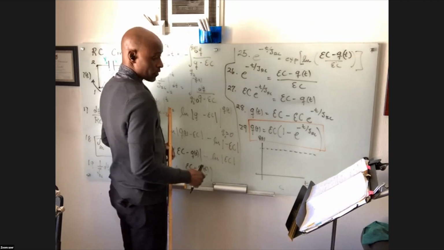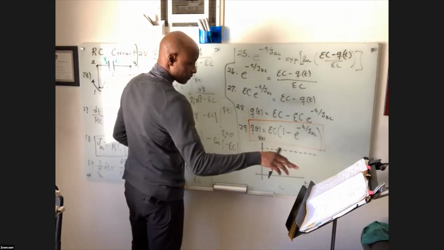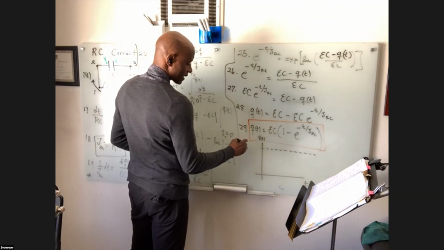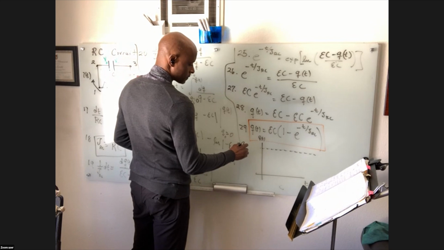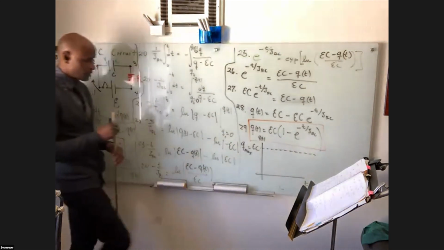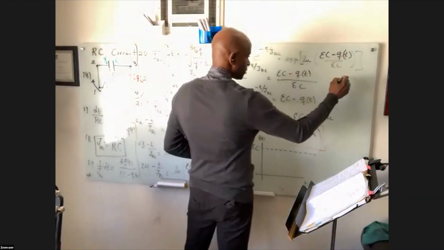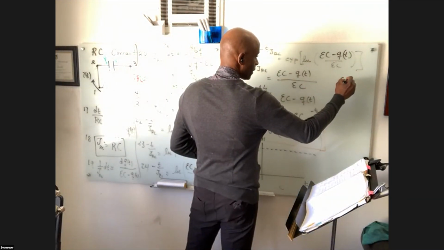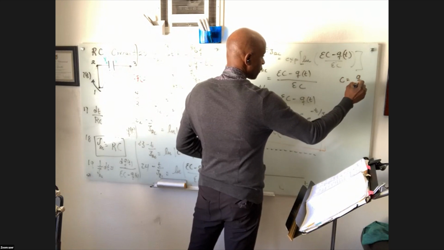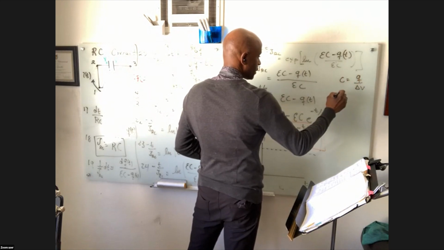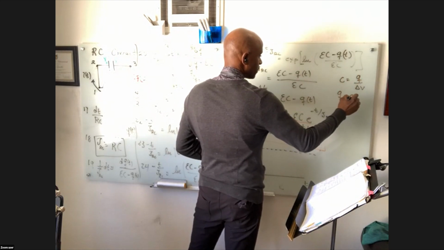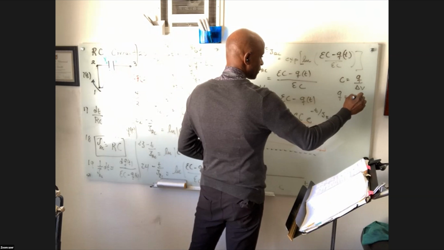That maximum charge is EC. So Q max equals E times C. And again, that's taken directly from the definition of capacitance, right? Capacitance is equal to charge over voltage. So charge is equal to capacitance times voltage.